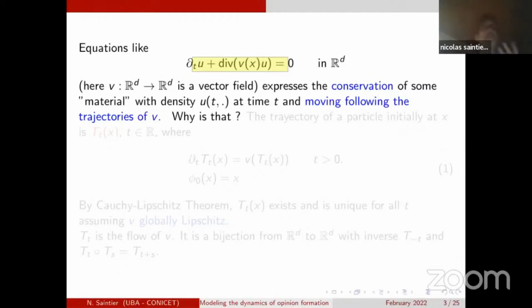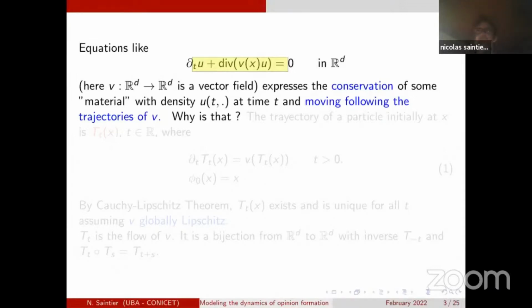If there is no creation or destruction of mass, if I don't add any more ink or pull any ink out of the river, then the density, the distribution of ink at time t in my river, this would be my U here, would solve this equation.